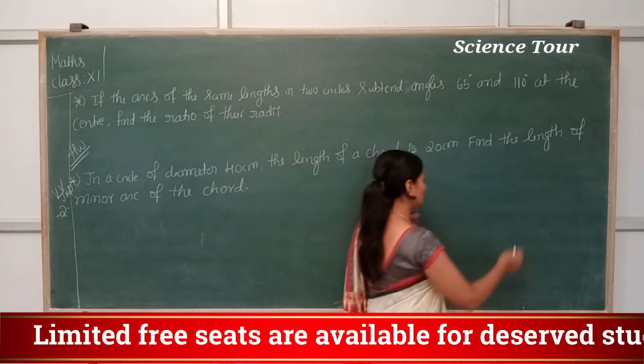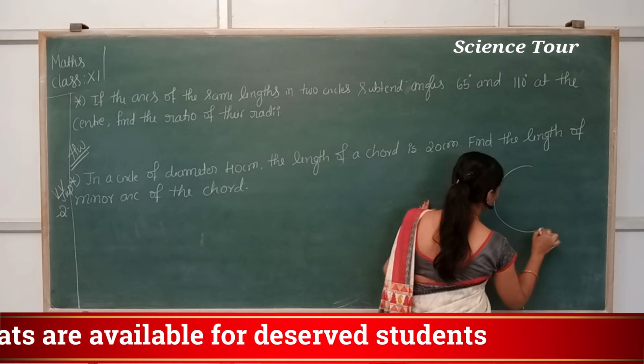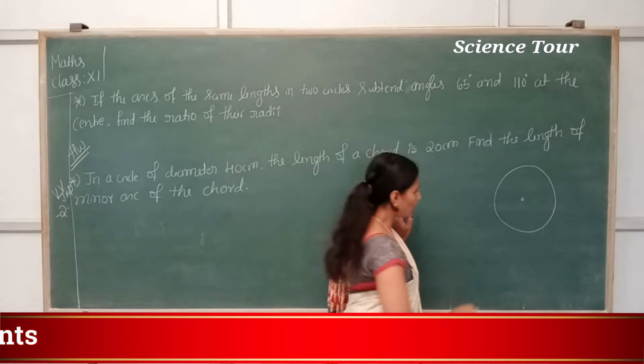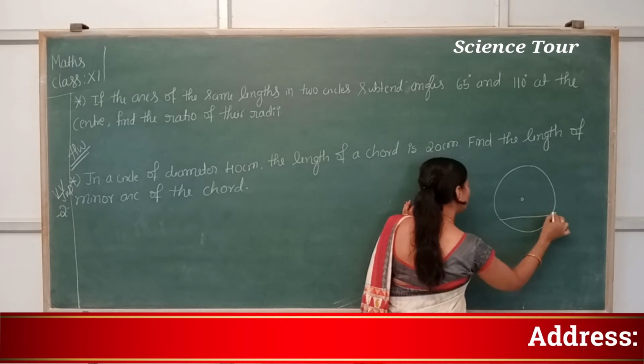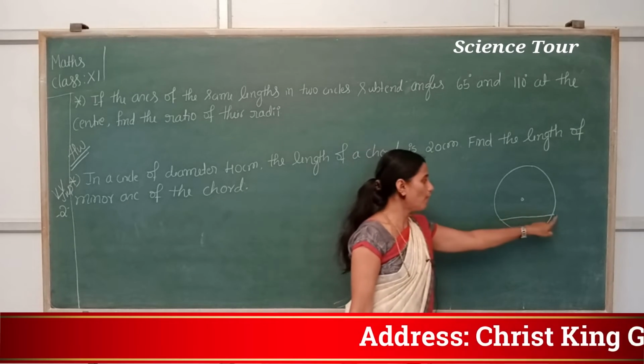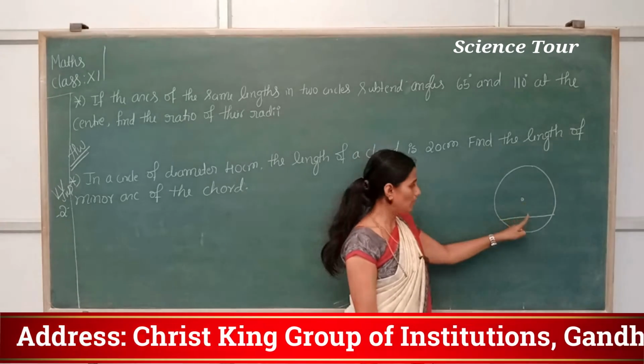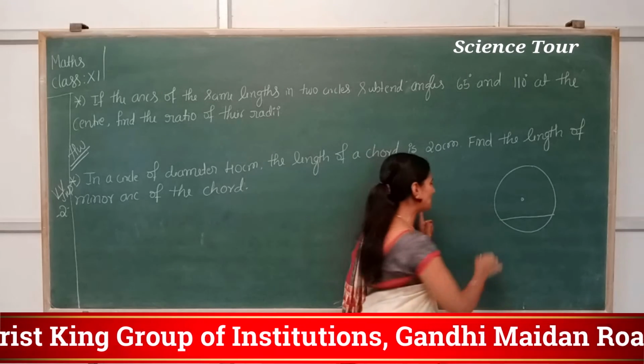So first I draw what is a chord. This is a circle with the center O. Chord means the line which passes through 2 points of a circle without passing through the center. Correct? So this is a chord.